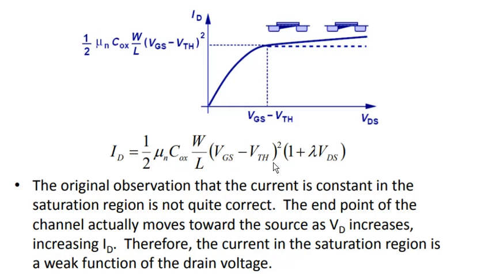But for a short channel, in addition we have another factor, 1 plus lambda VDS, where lambda is the channel length modulation parameter. Even if we increase VDS keeping VGS constant, the current ID also increases proportionally with VDS. That effect is called channel length modulation.